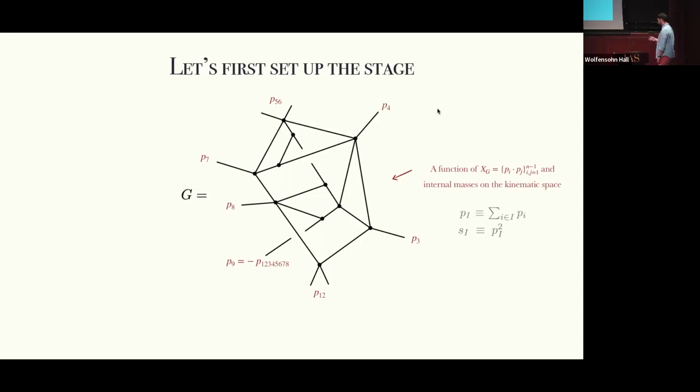What you're going to find is a probably very complicated function defined in the kinematic space, which means that it's a function that depends on the Lorentz invariant dot products between the external momenta and the internal masses that run into the loops. And the question in its most general form that we're interested to ask is: what is the analytic structure of this function? And maybe a more refined question is: where are its kinematic singularities?